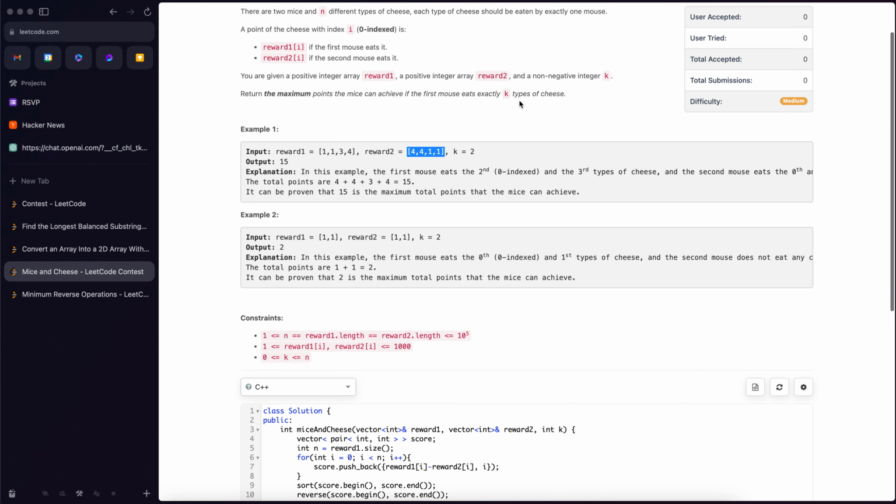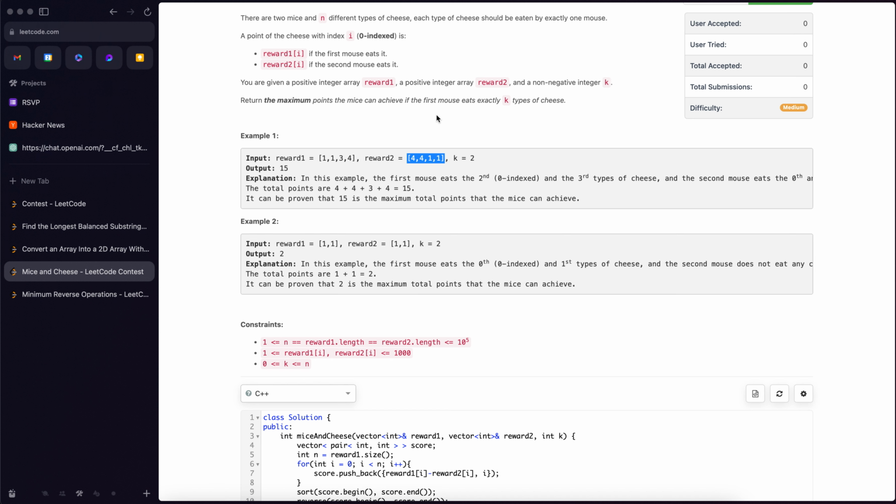And we were also given a non-negative integer k, and k was that the first mouse had to eat exactly k types of cheese, and the second mouse will eat the remaining, which would be n minus k, as there are total n different types of cheese, right?